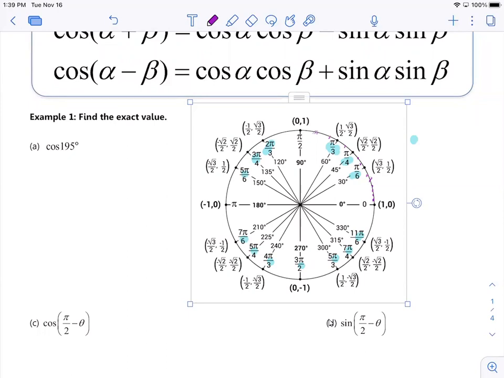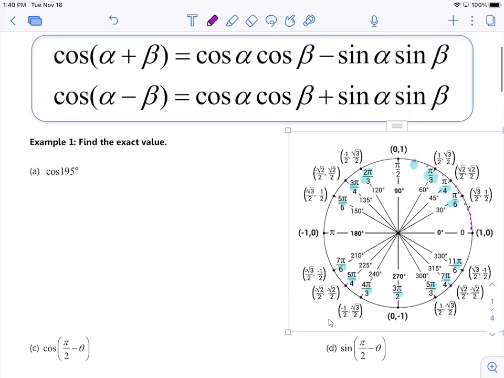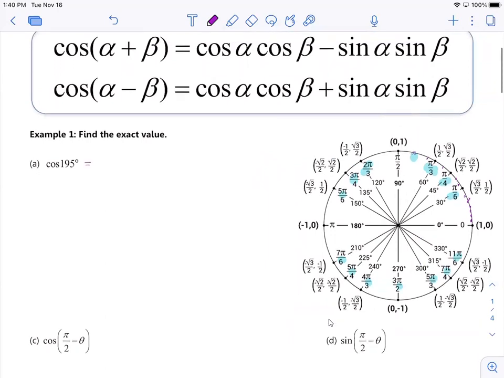So when I look at 195 degrees, one way I could break that up is cosine of 60 degrees plus 135 degrees. There are other ways to break this up. We could have done the difference. I just chose to do the sum. So that's letting me know that I will be using this identity right here.